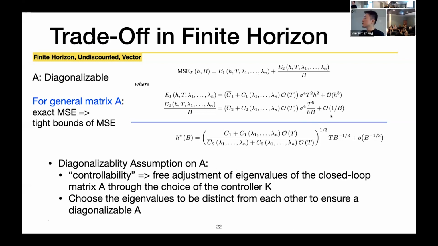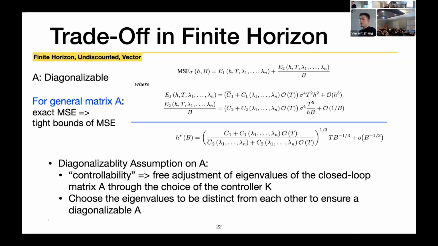I was curious. For the finite horizon, you set up your system where you have a bounded amount of computation B. Would the expression in any way be less... couldn't you, without loss of generality, simply set B to a fixed value? Because what you're looking at is the overall order of H, right? Yeah, I guess the question from Martin is that can't you just set B to a constant to make it easier?